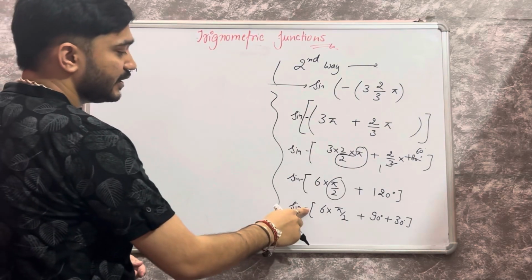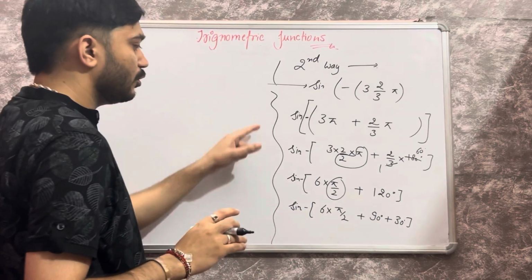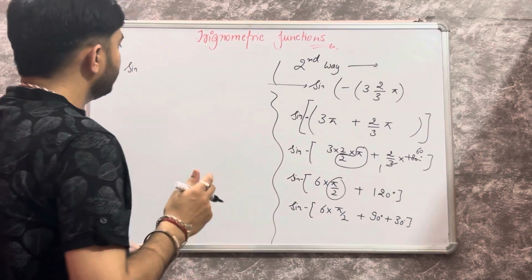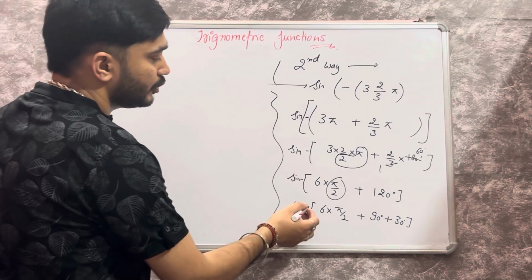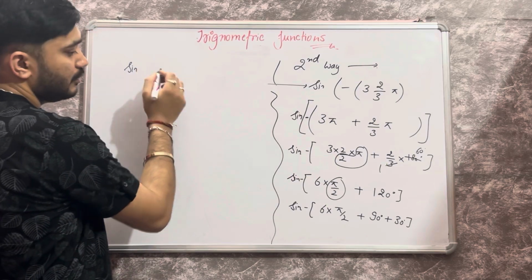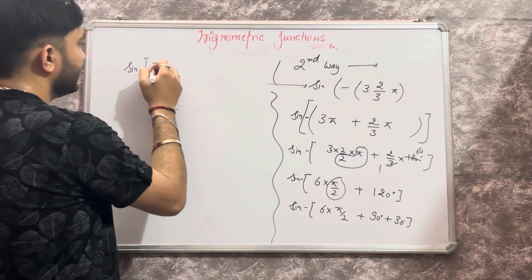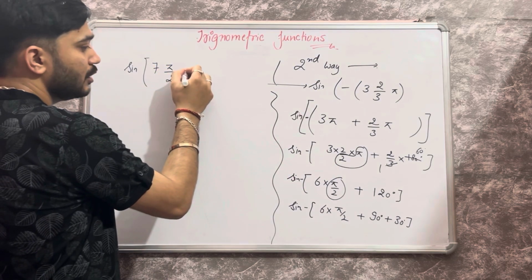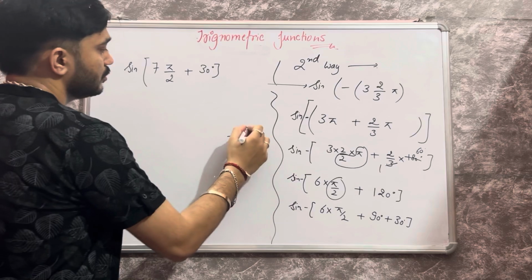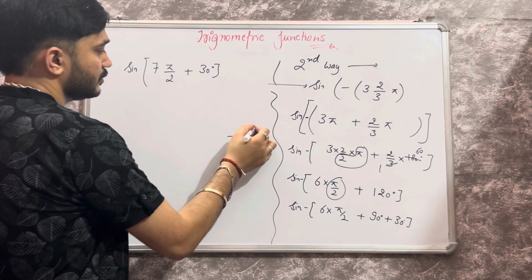The negative sign here indicates only that it is moving in clockwise direction, nothing else. So always remember, we are not going to use this negative sign in the question. Here 6 plus 1 is 7, so it is 7 pi by 2 plus 30 degree. 7 into pi by 2, where we will reach again this position.